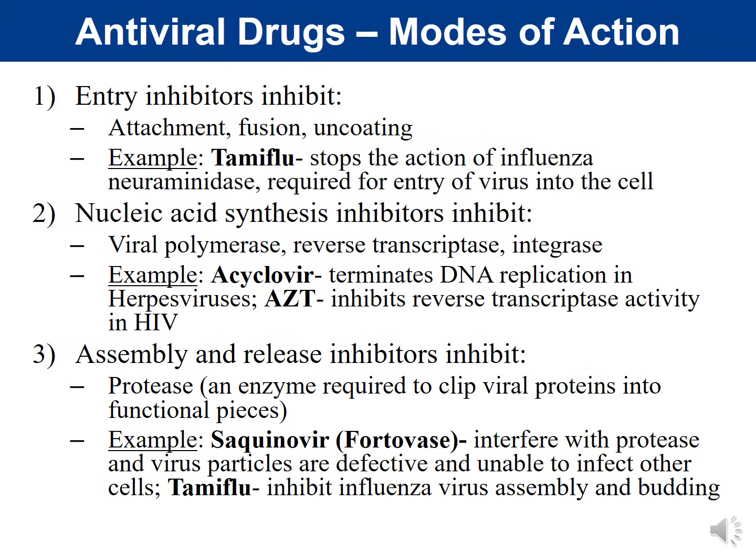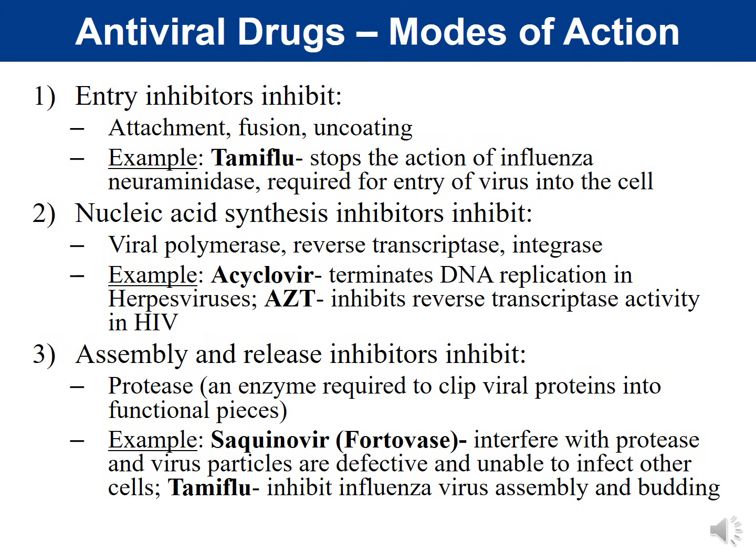An example of this would be what's called Tamiflu. Tamiflu is used to stop the action of influenza neuraminidase, which is required for the entry of virus into the cells. And so if you've ever had the flu and you've gone to the doctor, they can give you Tamiflu if you're in the beginning of the infection.